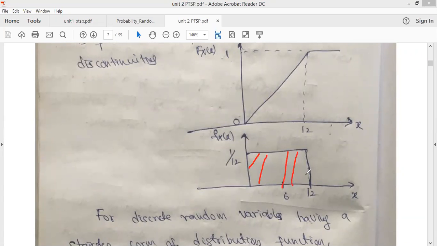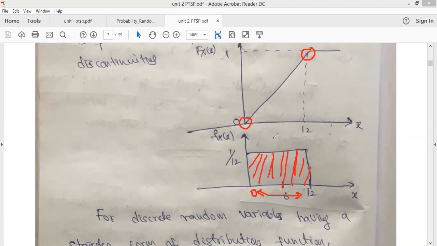The width of this curve is 12, from 0 to 12, so the height will be 1/12, so that the total area is equal to 1. So at an abrupt change of slope in a continuous distribution function, the density function is defined by a step function like this.